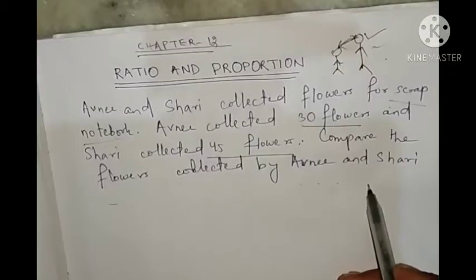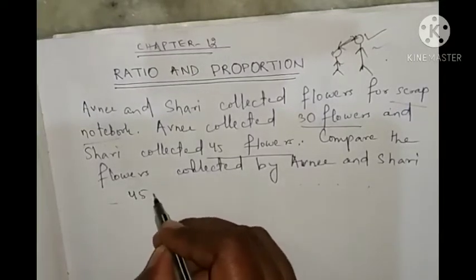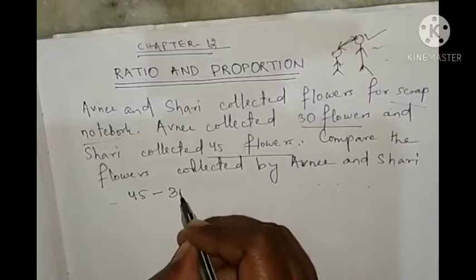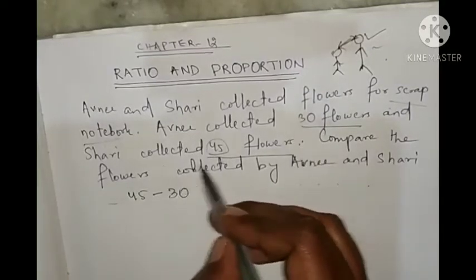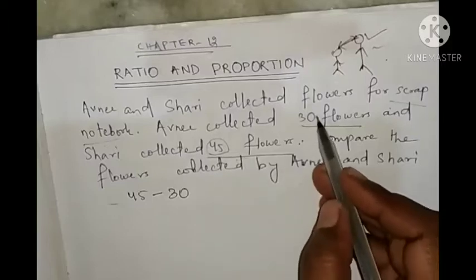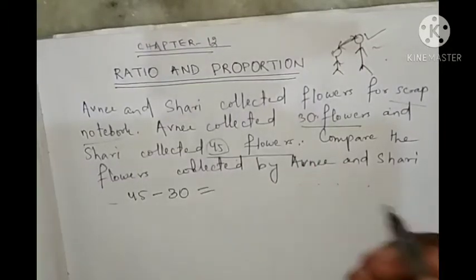So for comparing this, what will we do? We will subtract them, 45 minus 30. By seeing, we know that Sari has collected more flowers and Avni has collected fewer flowers. But how much less or how much more?